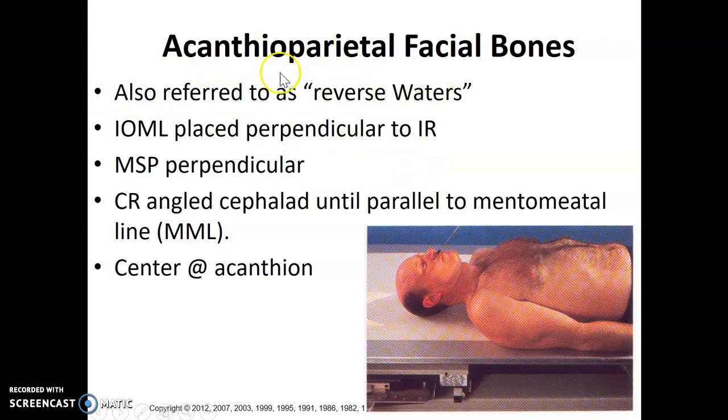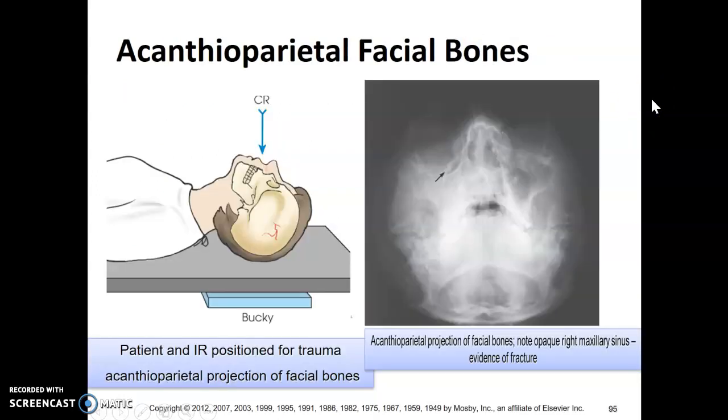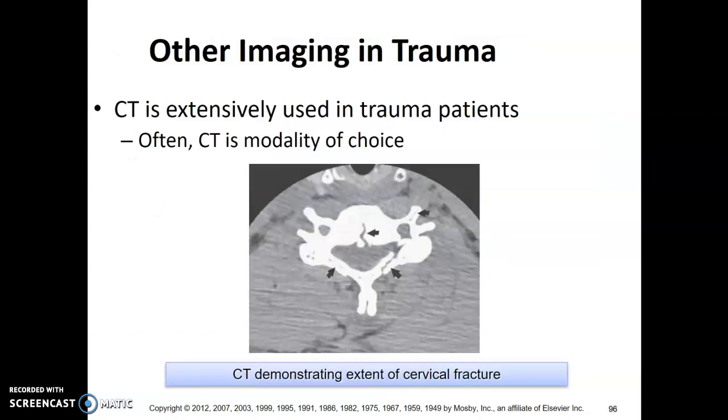A Waters view, AP, we call it reverse Waters. Just a reverse direction. So normally this Waters view is for sinuses, but if for some reason they ask you to do facial bones, you guys probably will never do a trauma head series, but just in case, you just reverse everything.